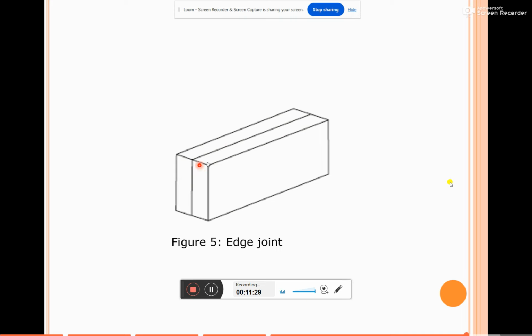Whenever you want to join these plates, we place them parallel to each other. Then such a type of joint is known as the edge joint. We'll place one workpiece, place another workpiece parallel to it, and then weld at the surface edges. That is about the edge joint.